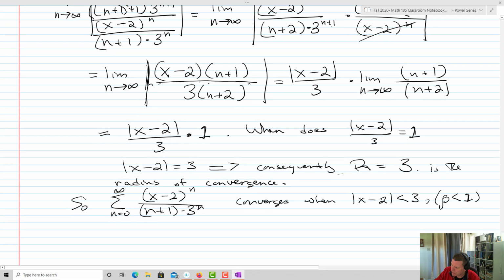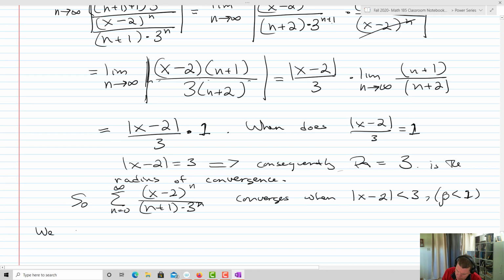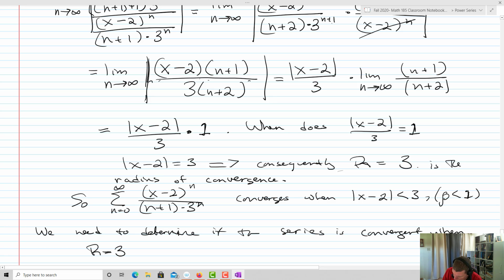What we have to do now is determine if the series is convergent when r equals 3. So we know that the radius of convergence means it's convergent inside of that radius. What about on its edges?